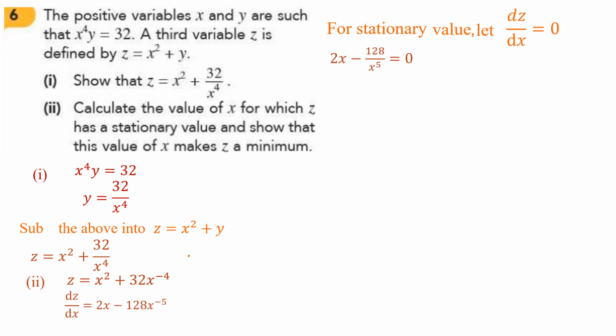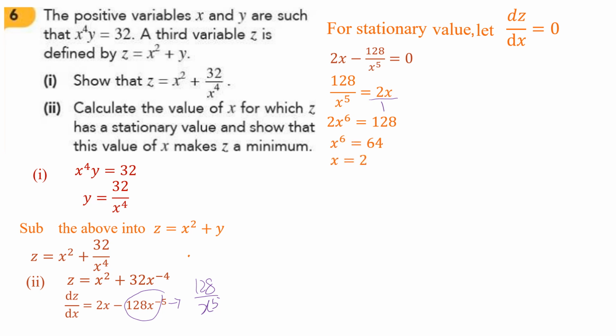And of course, you have to write 128 over x to the power negative 5 back as a positive index, that is 128 over x to the power 5. Bring your 2x over to the other side, so I can just cross multiply, to get 2x to the power of 6 equals 128, and then divide by 2 on both sides to get x to the power of 6 equals 64.